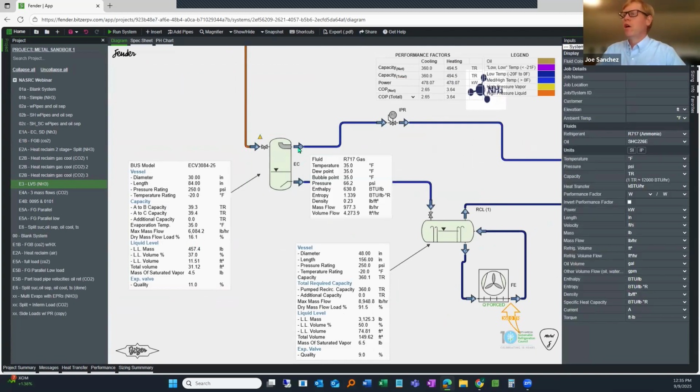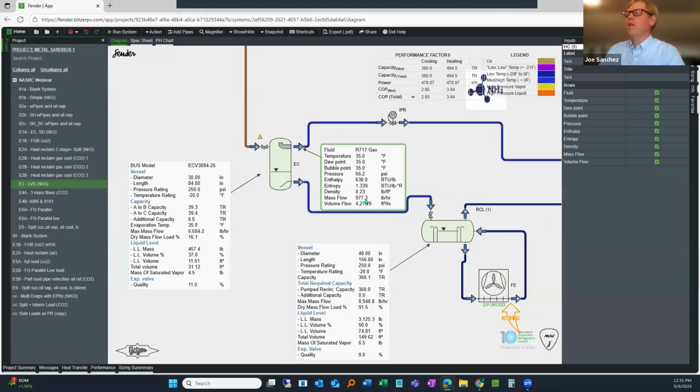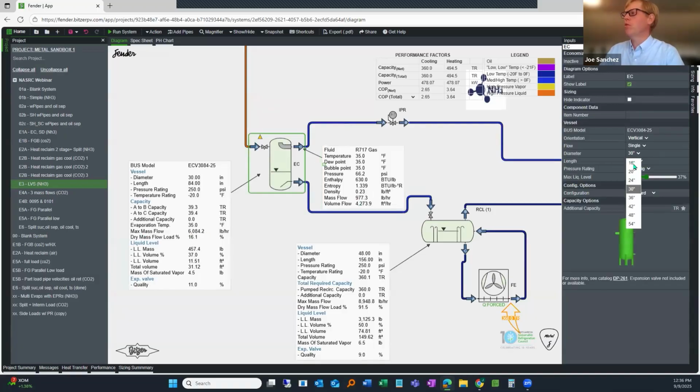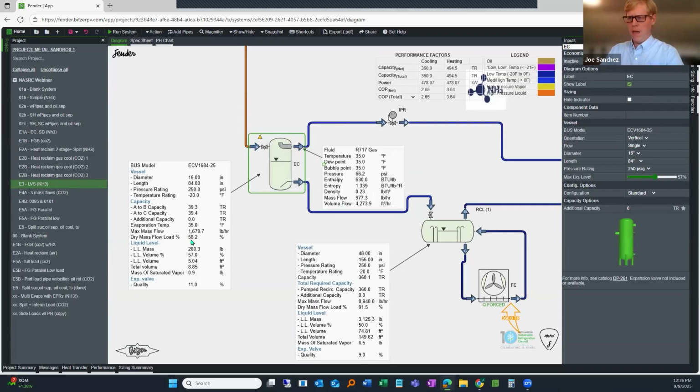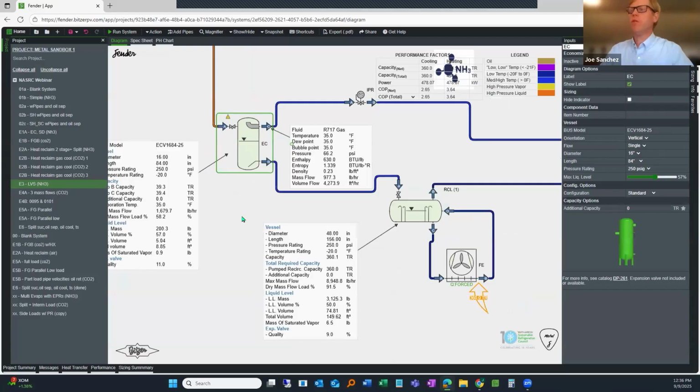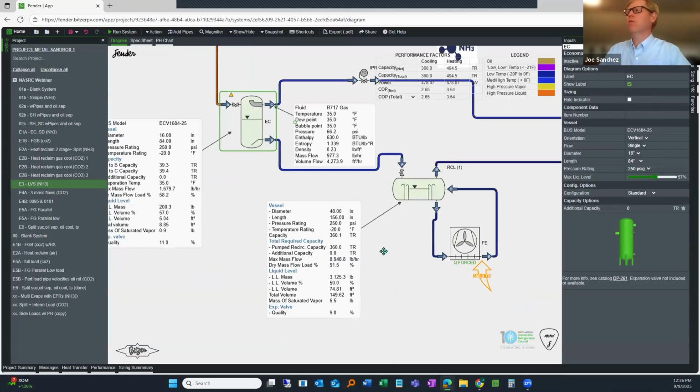I have 977 pounds per hour of refrigerant exiting, but the max for this vessel is 6,000. So we could probably reduce the size of this quite a bit. Let's try 16 inches. And yeah, a lot of room there to work with. So really easy sizing there.